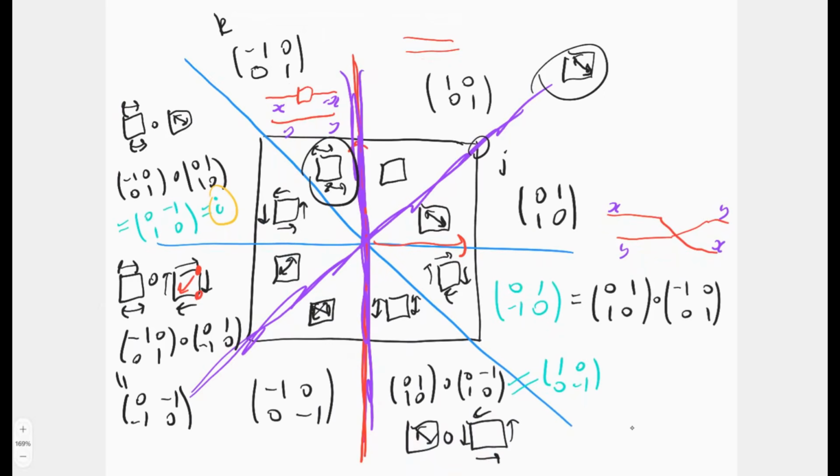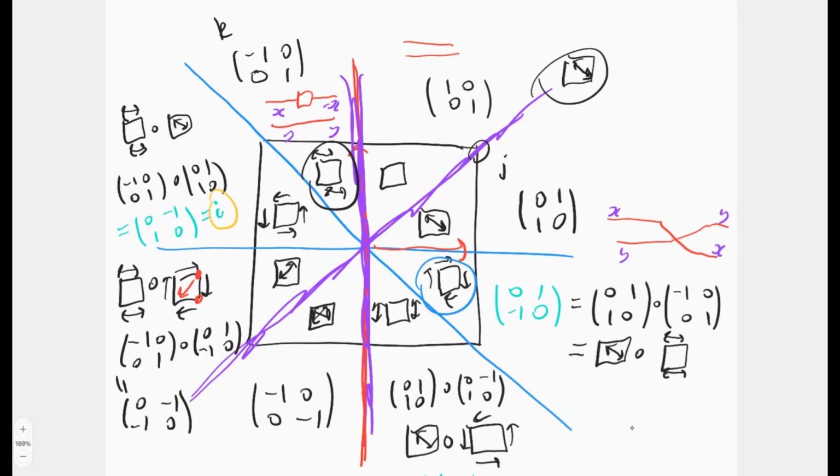Well, let's talk about one of the regions we don't have a diagram for yet. How about this one? So this one here is the result of doing this diagonal flip operation when we start with this left-right flip here.